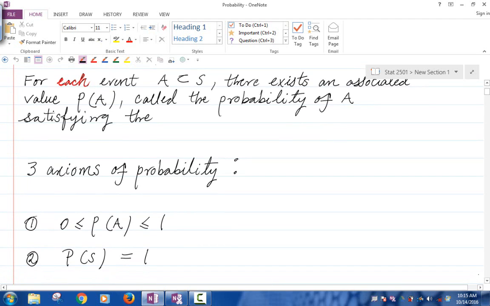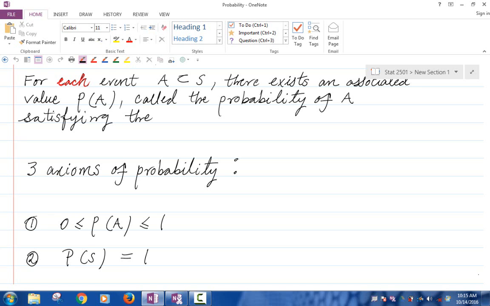Number 1, the probability of A is a real number which is larger or equal to 0, less than or equal to 1. Assumption number 2, the probability of the sample space is 1.